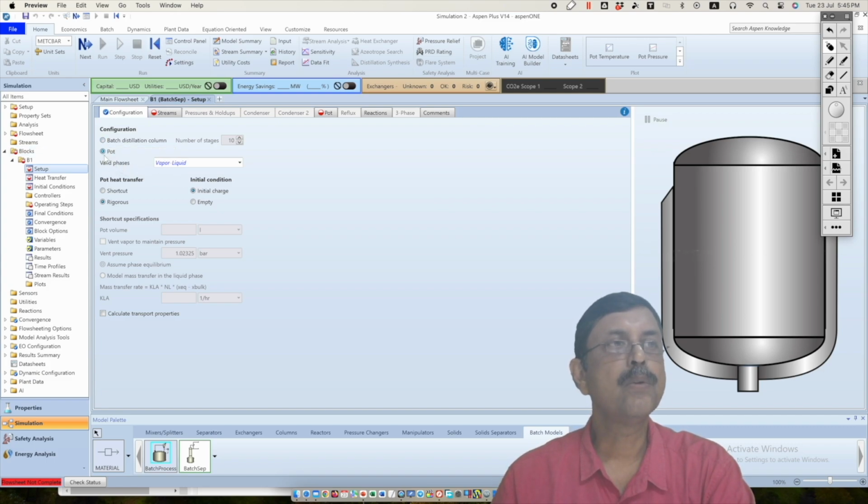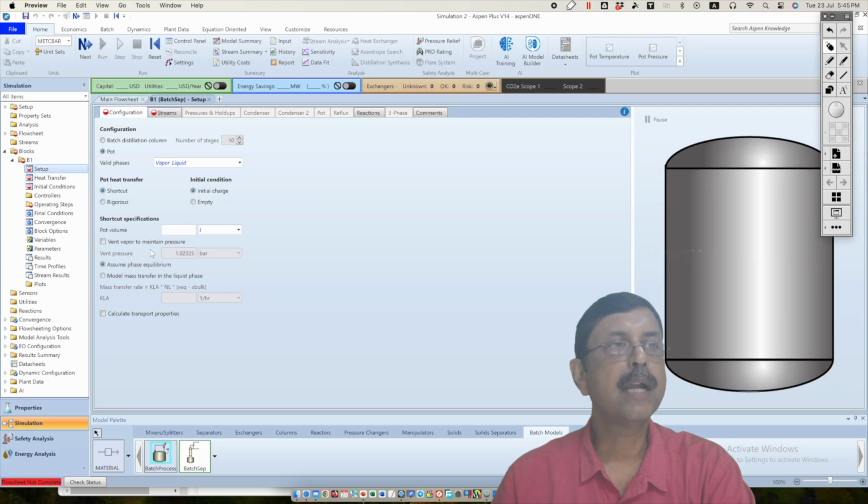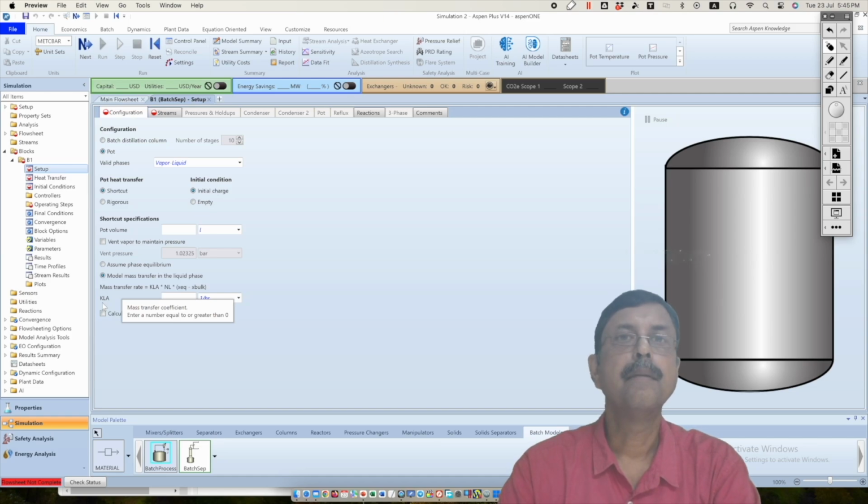Now, suppose you choose it as a pot, then you have to provide the pot heat transfer as shortcut or rigorous. If you put it as a shortcut, then you have to provide the pot volume in liters or meter cube, whatever. And you either have to provide the phase equilibrium, or you have to provide the model mass transfer in the liquid phase. Model mass transfer means you have to provide the KLA. You know what KLA means?